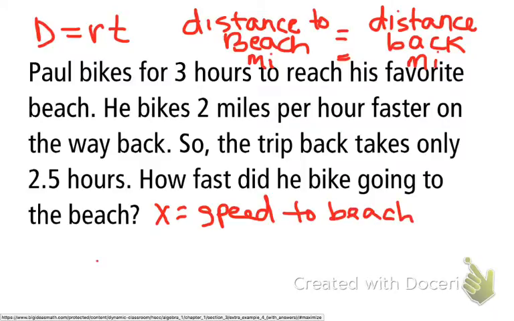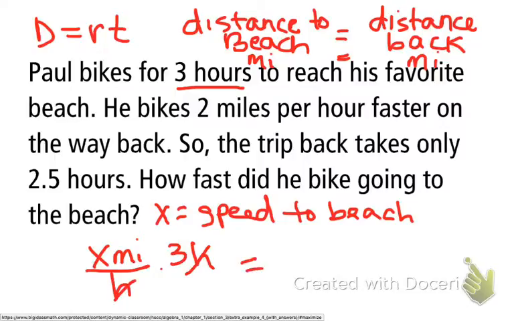So going to the beach was x miles per hour as his speed times the number of hours it took, and we see the hours cancel, is going to be equal to, now on his way back, he goes 2 miles per hour faster.